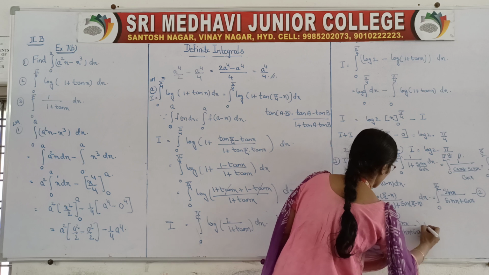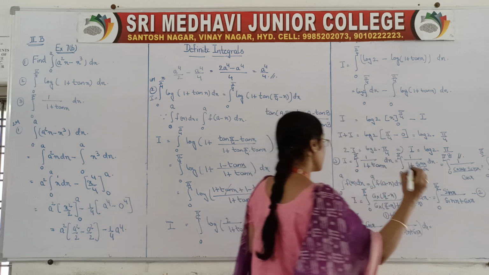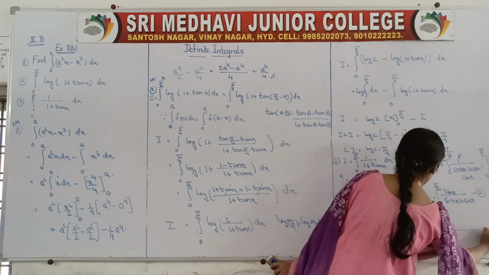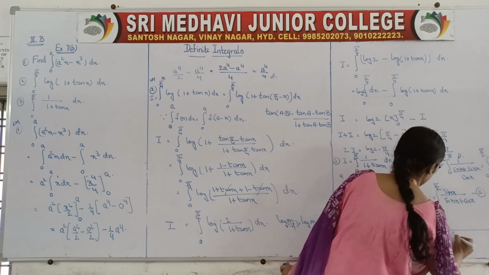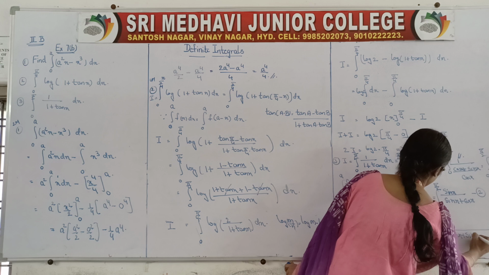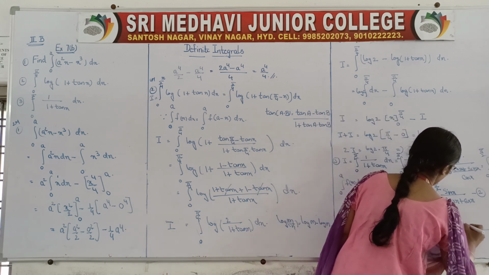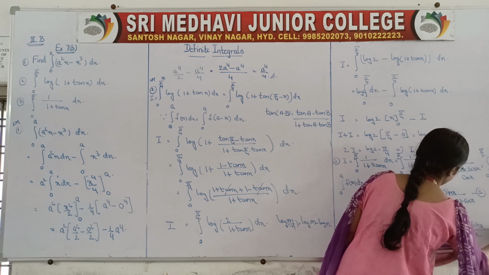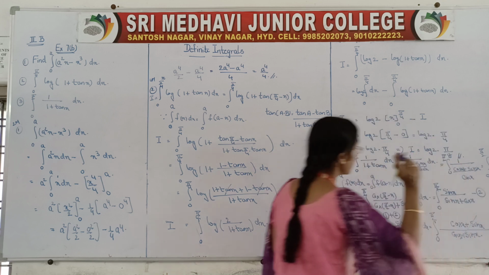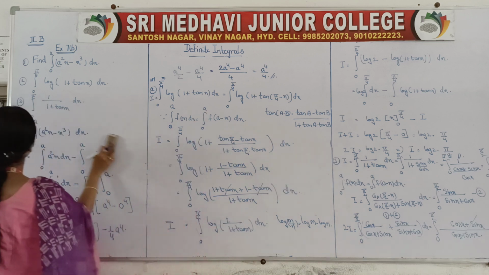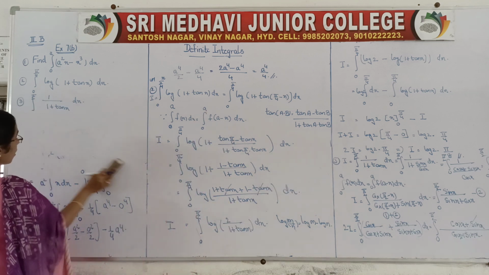Observe, the denominators are the same for both, that is cos x plus sin x. And upward also we have cos x plus sin x into dx. Both will get cancelled.